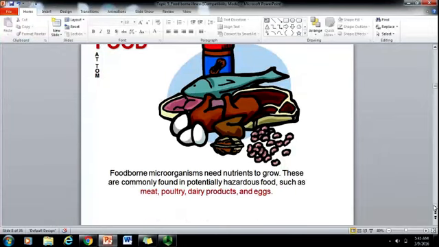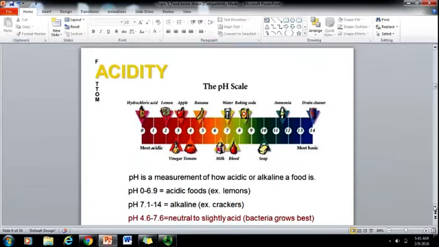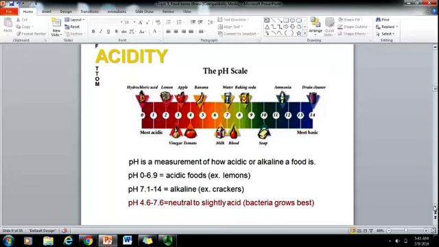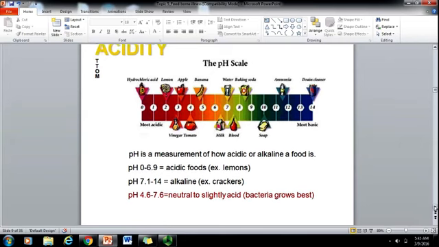The other factor is acidity, the environment's pH, whereby most food pathogens can live in slightly acidic food, in the pH range of 4.6 to 7.6. If we can control the pH, we can control the bacterial growth.